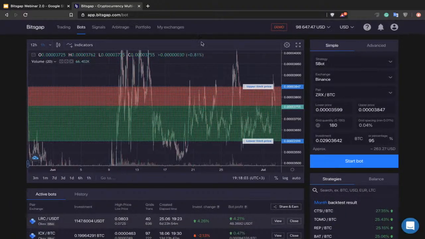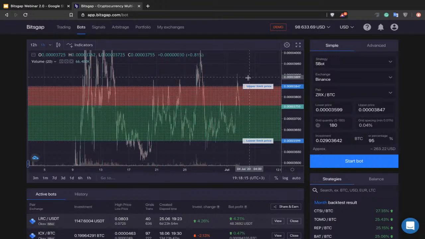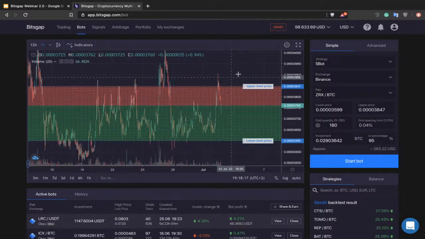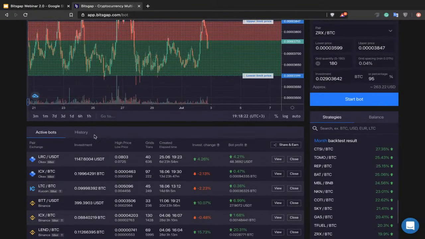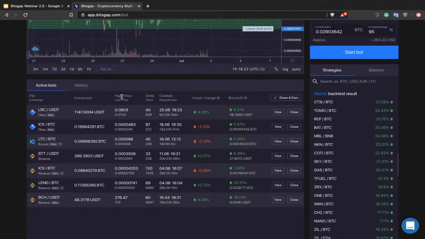Now let's go to the Bitsgap page, to the bot section, and here what we see is that on the left side we have a chart which we can easily zoom out and zoom in any direction we want. And below I have some active bots currently trading for me.